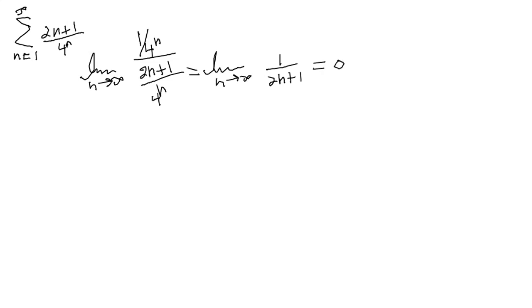So our limit comparison test does not apply. The conditions are not met. It has to be a positive number. Okay, so that doesn't really prove anything, except that the test is not applicable. So you go back to square one here.